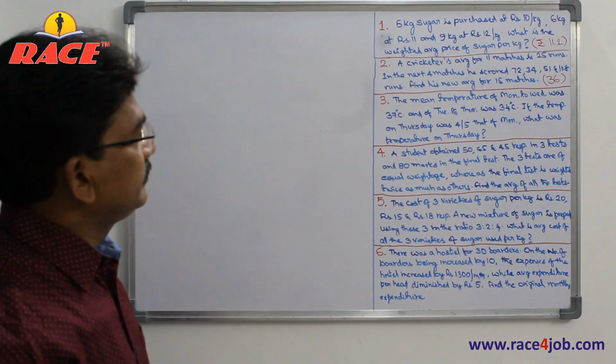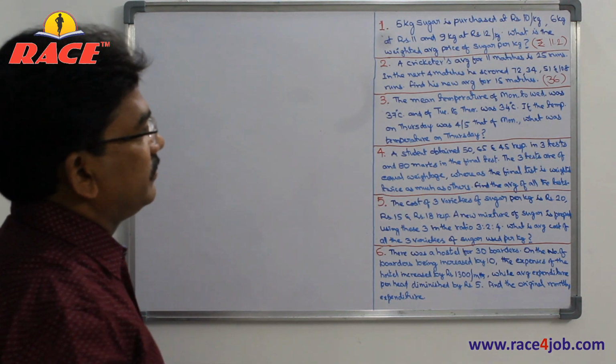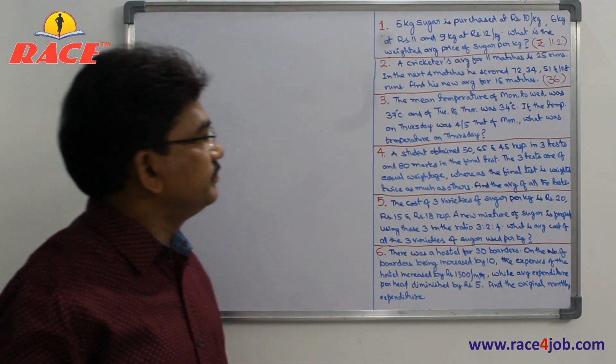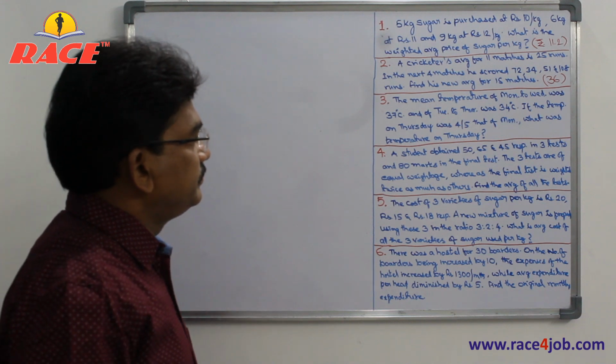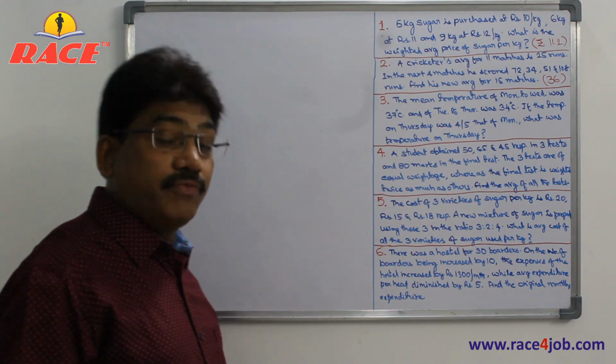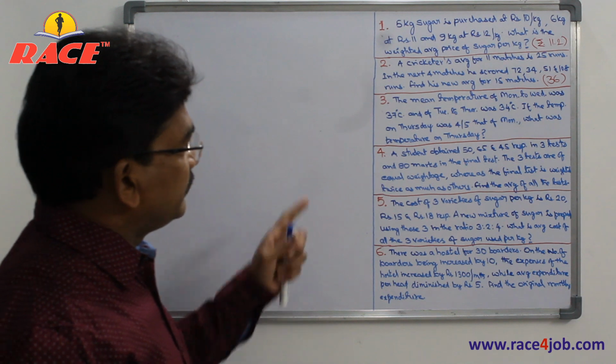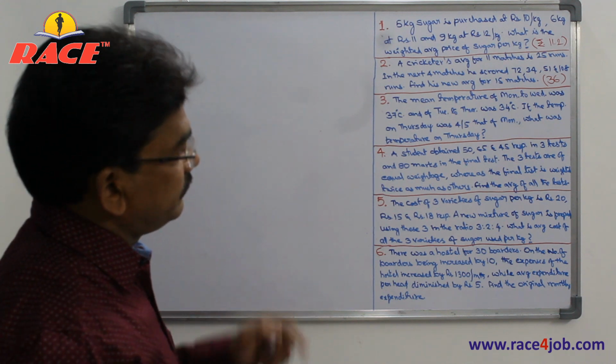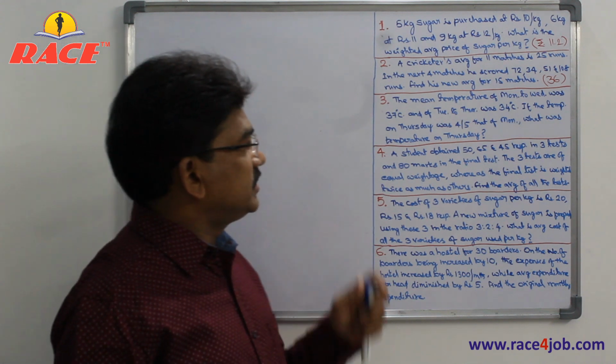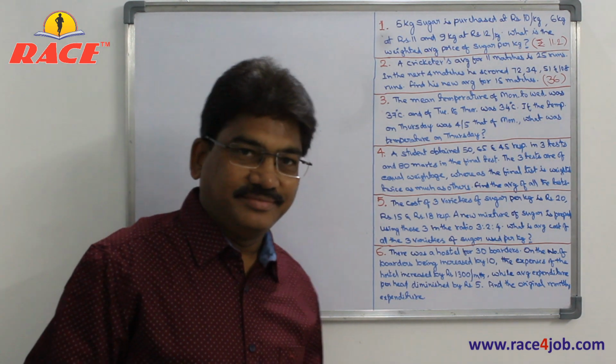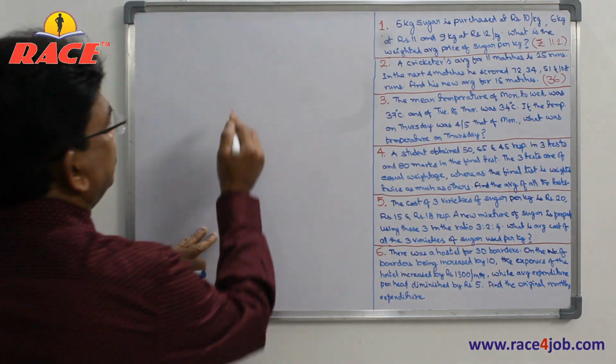Next one. The mean temperature of Monday to Wednesday was 37 degrees and Tuesday to Thursday was 34 degrees. If the temperature on Thursday was 4/5 of Monday, what was the temperature on Thursday? Okay. This is also simple.